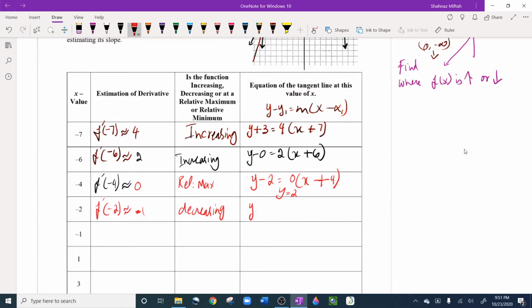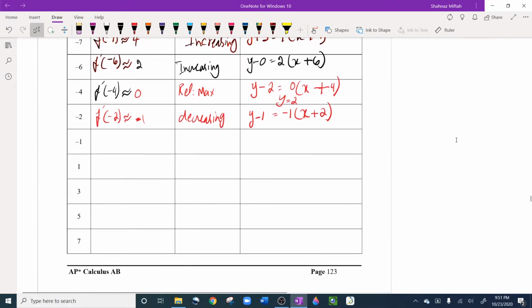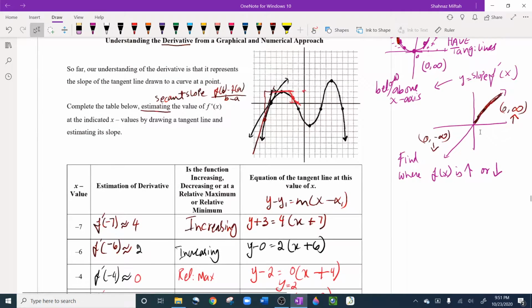My equation, what is the y value at negative 2? This is negative 2, the y value is 1. So I got y minus 1 equal, the slope is negative 1, x plus 2. Next, I got f prime negative 1 approximation.